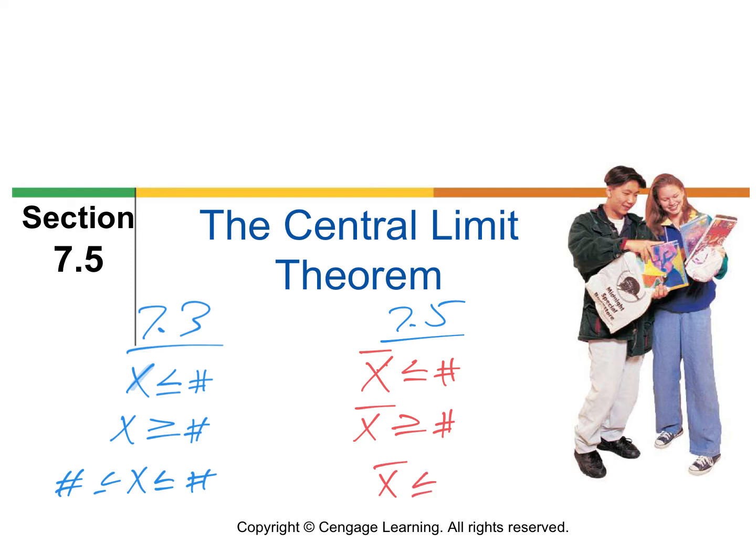And again, X bar in between two numbers. So 7.5 is not going to deal with raw data. It's going to deal with the mean of a set of raw data. All right, guys, that is the end of section 7.5. As you see, it's very much like 7.3.